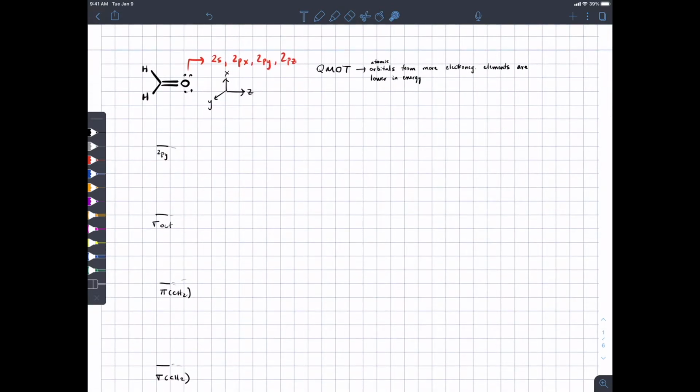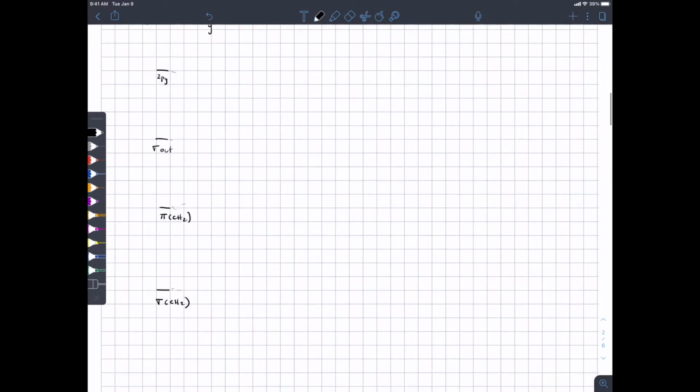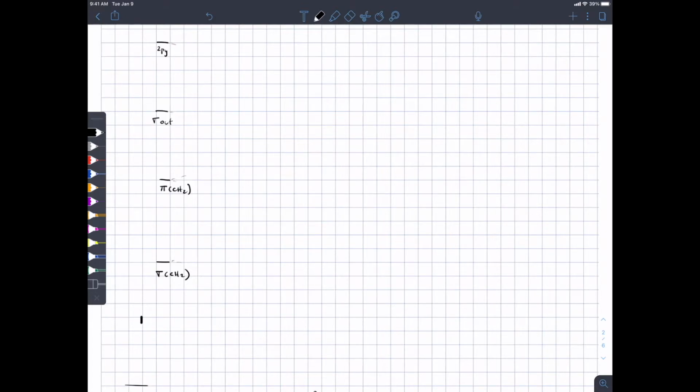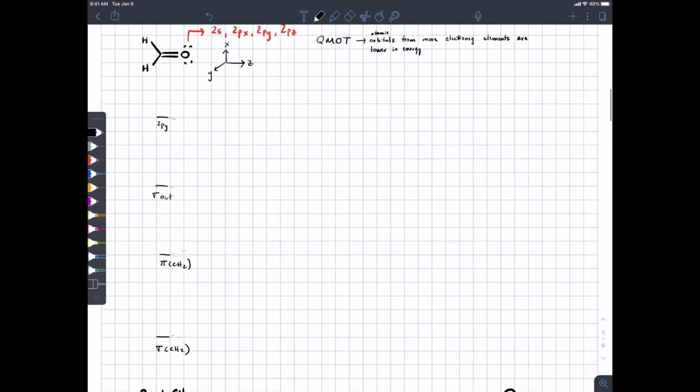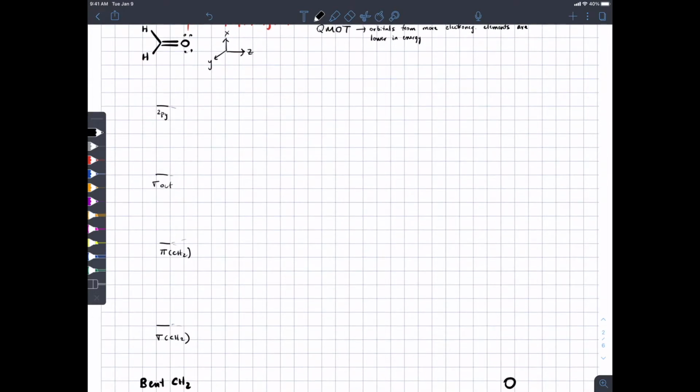So that means for the 2p, x, y, and z for oxygen, if this is the 2py for bent CH2, then we're going to expect the p orbitals from oxygen to be substantially lower in energy.